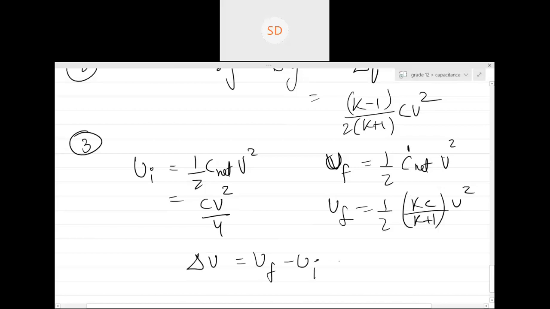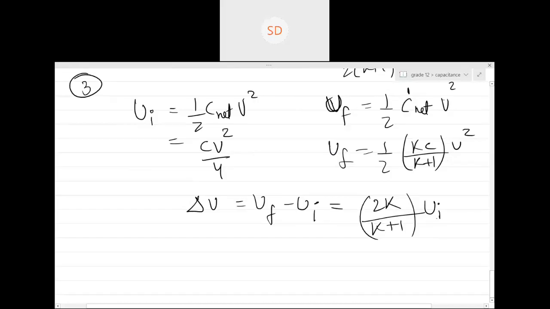Final minus initial. This should come like this. If you are calculating in terms of initial energy, it should come like this. And if you are calculating in terms of capacitance, then it should come like this.